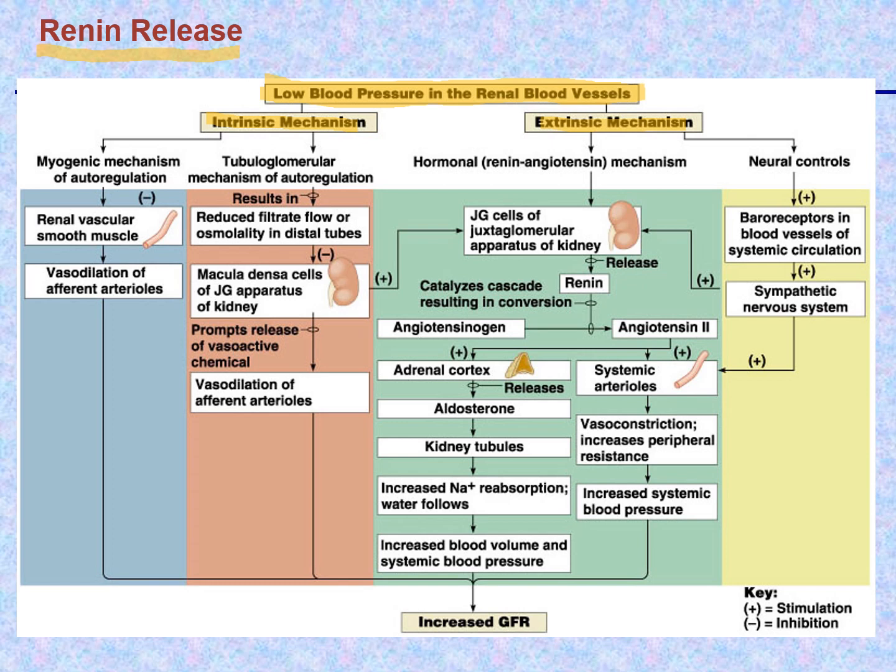I've gone through each of these, and you should follow them through. Remember, the end result is it started with too low blood pressure, therefore too low GFR, and the end result needs to be an increase in GFR to bring it back into the normal levels. Each of these pathways is operating and are control mechanisms that help regulate the GFR.